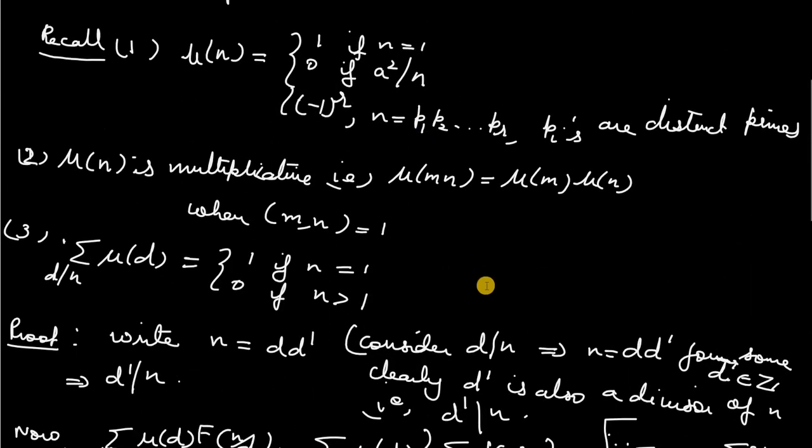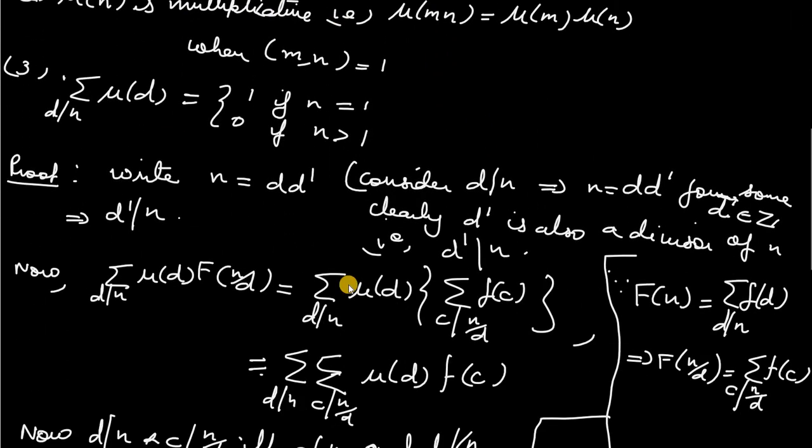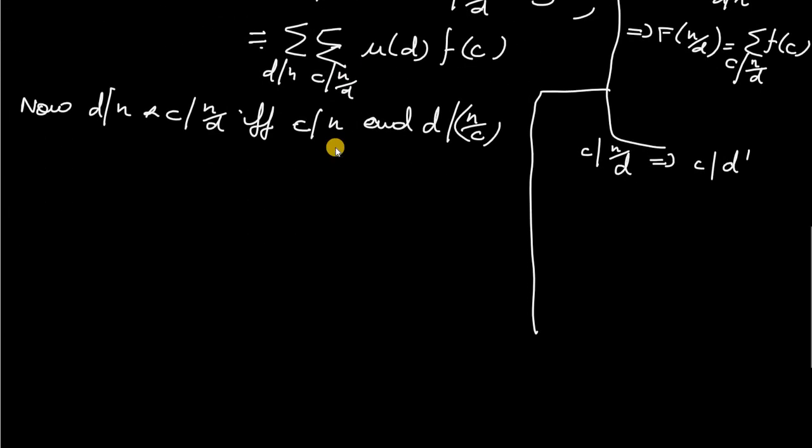We consider from the beginning of the theorem that n is equal to d into d prime. So clearly d prime divides n. So d prime here is equal to n upon d.